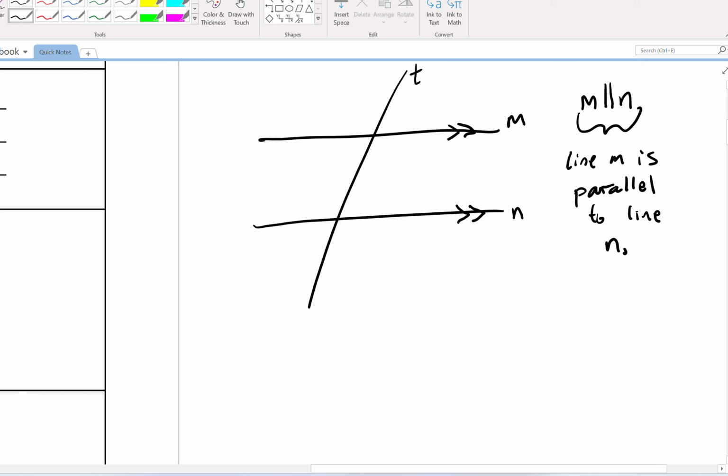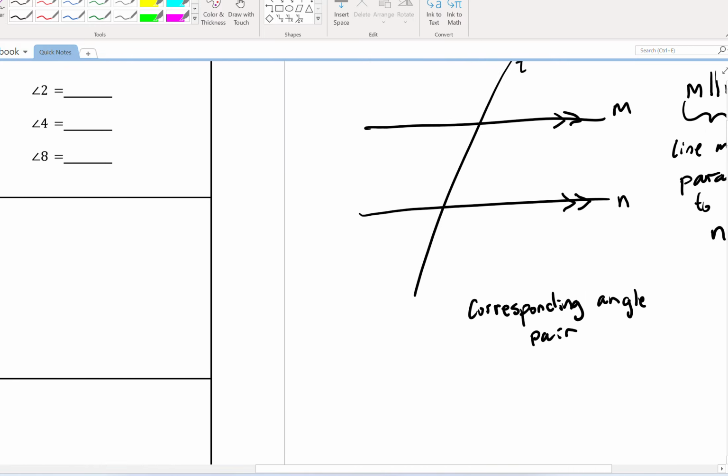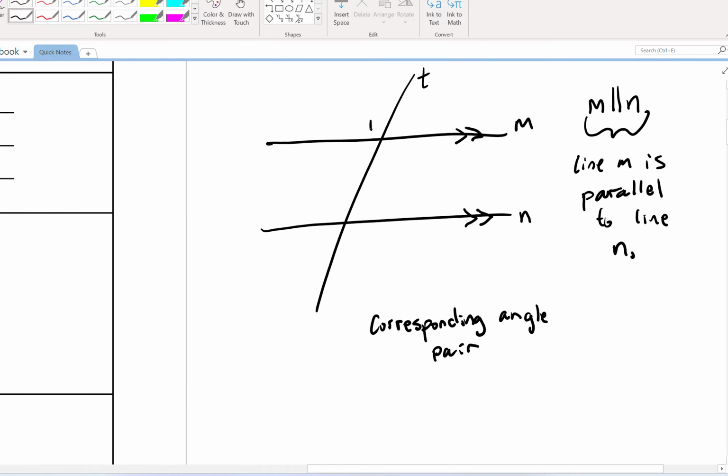And certain angles are formed when that happens. So we have corresponding angles, corresponding angle pairs. They've just numbered these: this is angle 1, angle 2, 3, 4, 5, 6, 7, and 8.